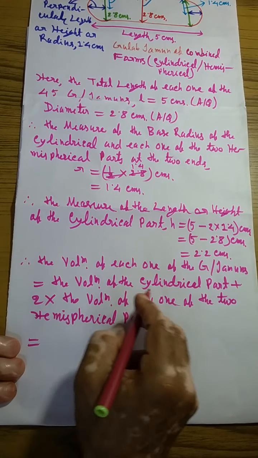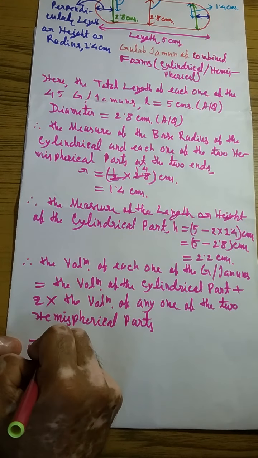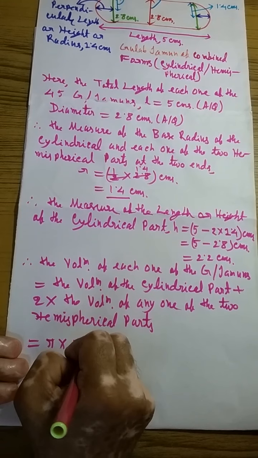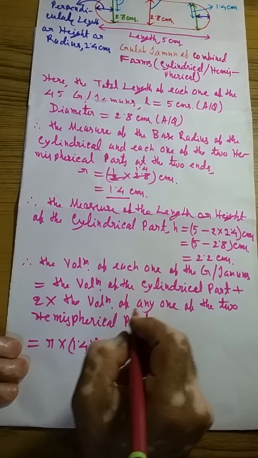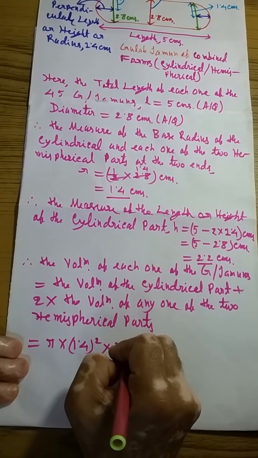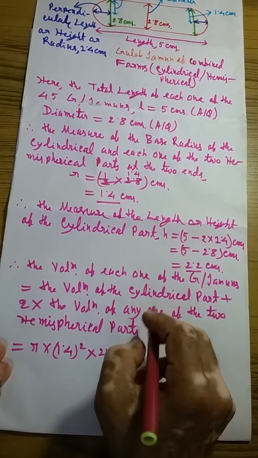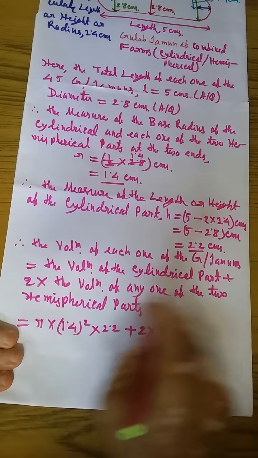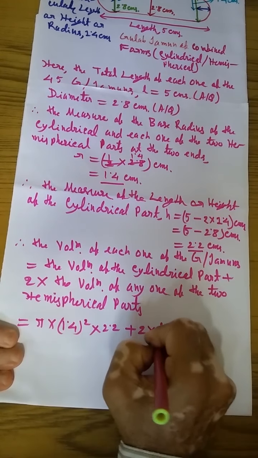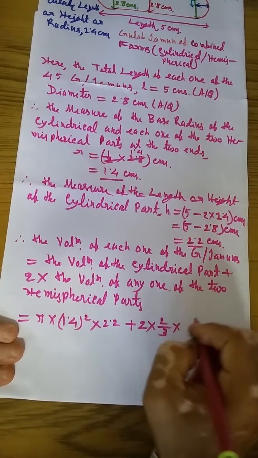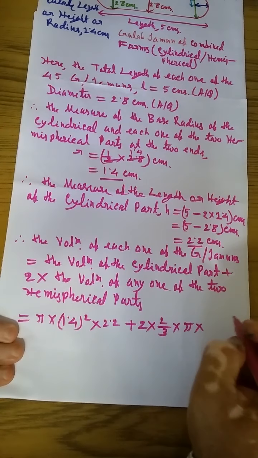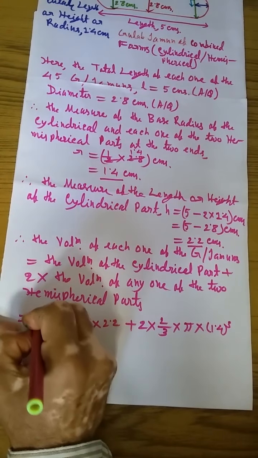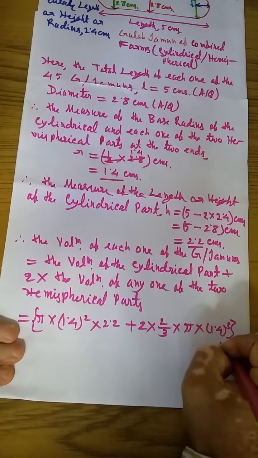The volume of the cylindrical part is pi r square into h, so we write pi into 1.4 whole square into 2.2, plus 2 into the volume of any one of the two hemispherical parts, which will be 2 by 3 into pi r cube, that means 1.4 whole cube. The unit will be centimeters cube.